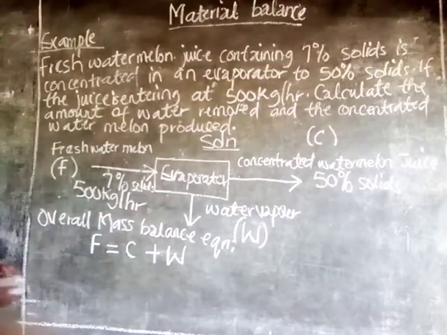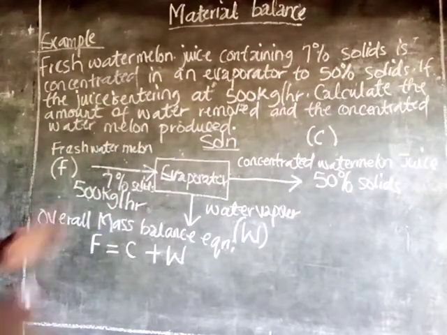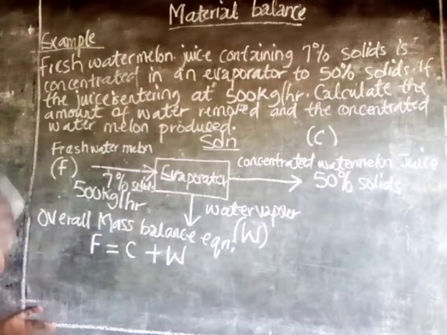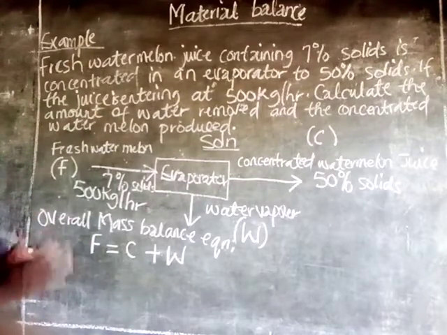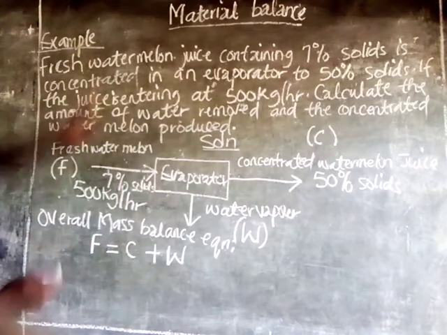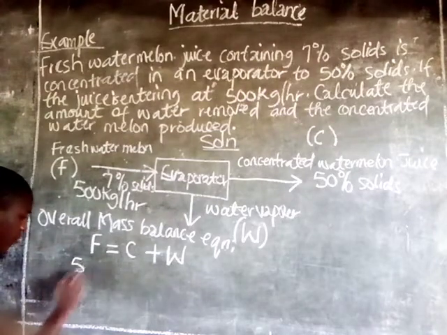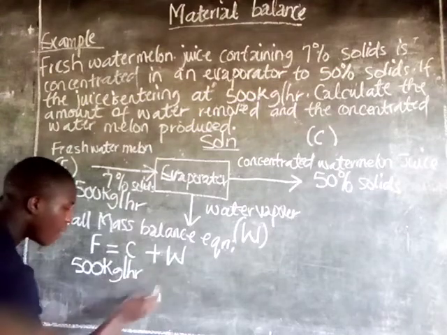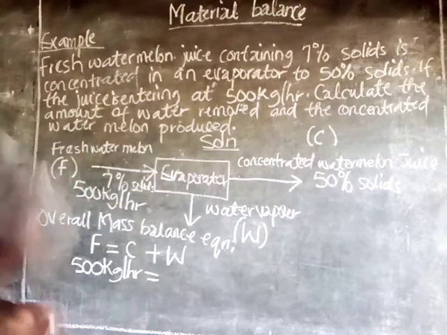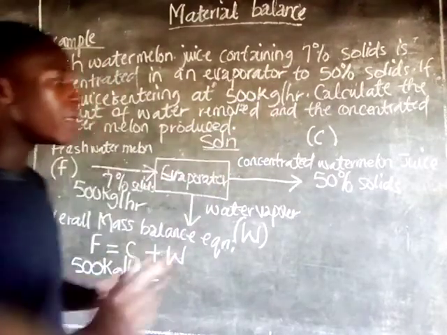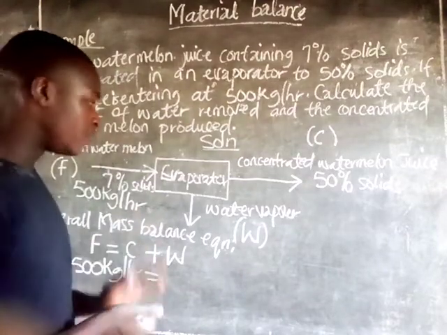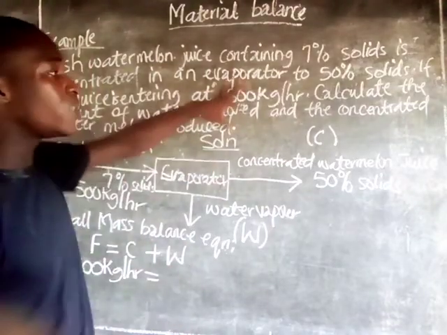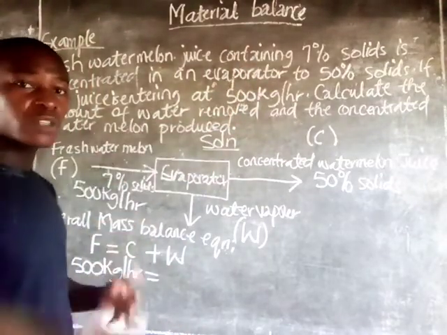And so they now say that the first watermelon was entering at the rate of 500 kilogram per hour. So now the mass per hour of the fresh watermelon is what? 500 kilogram per hour, which is equal to, now remember, concentrated watermelon juice, the amount is not known, and for water vapor, the amount is not known, and that is what the question says we are to calculate.